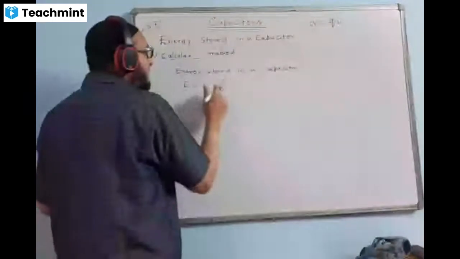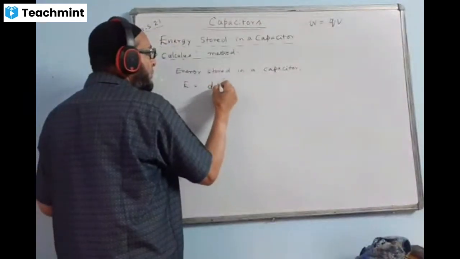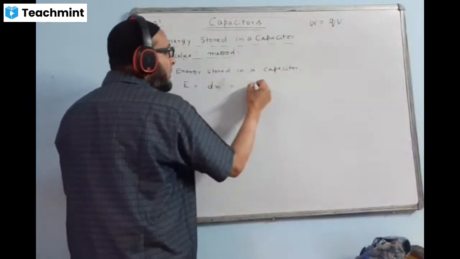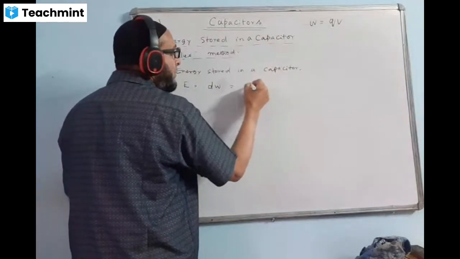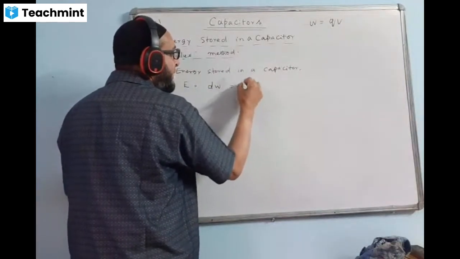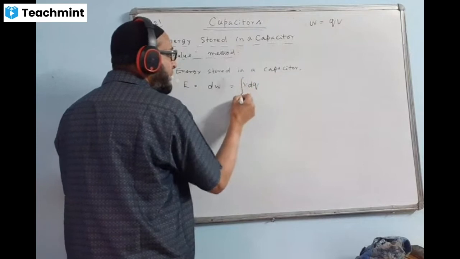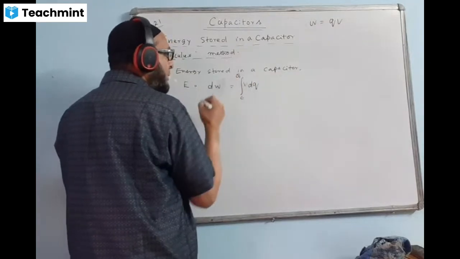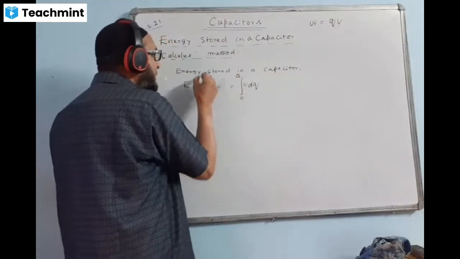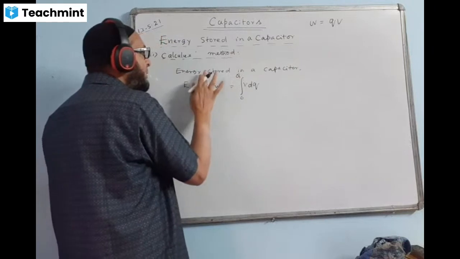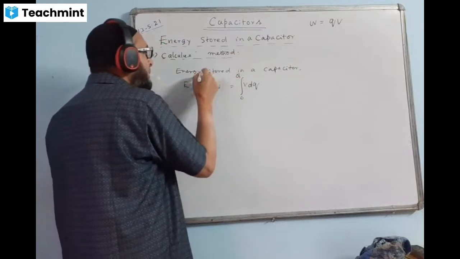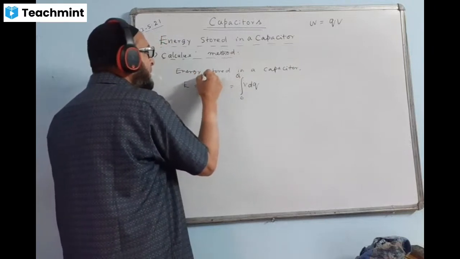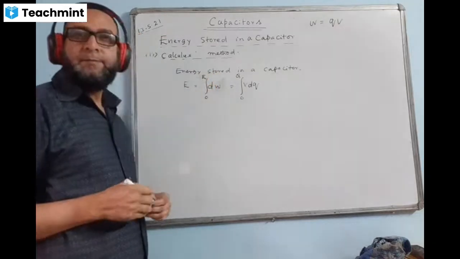Here we write dW equal to V into dQ at a given potential, at the charge 0 and capital Q here. And here also write 0 and W, 0 and E.